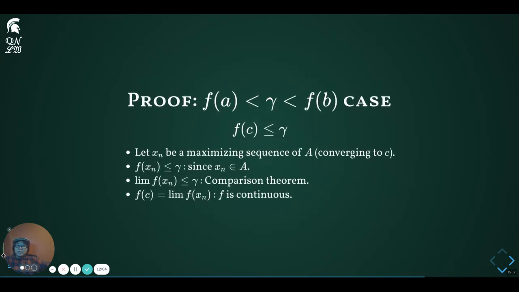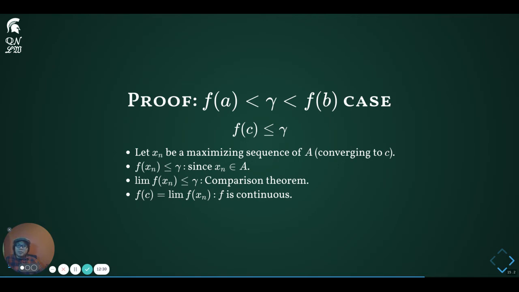We prove first that f of C is no more than gamma. Since A is a bounded set, we can take x_n a maximizing sequence of A. If you don't remember what a maximizing sequence is, please go back and rewatch the Lecture 2 video. By definition, this maximizing sequence converges to C. Since every x_n is an element of A, we know that f of x_n is no more than gamma.